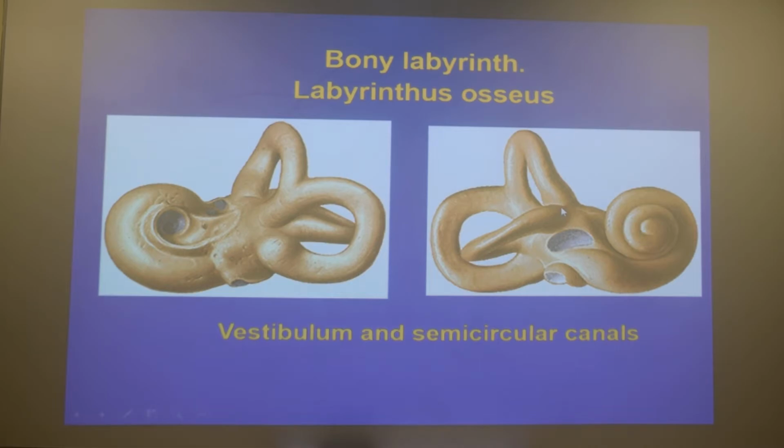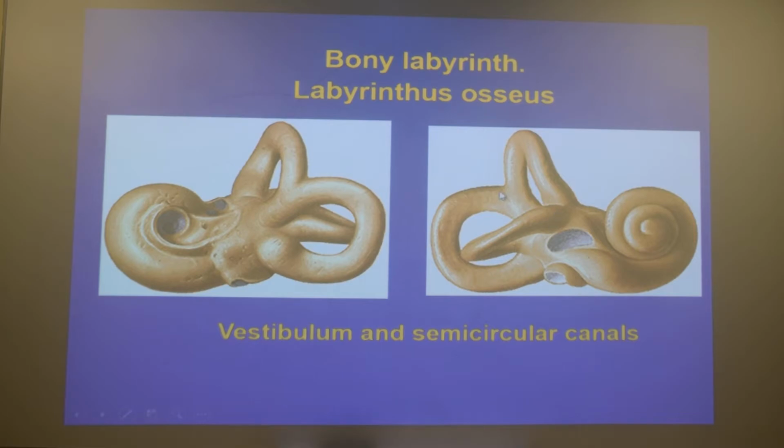So you can see this bulge is formed because the lateral semicircular canal lies in a horizontal plane in the long axis of the petrous temporal bone, and that's why part of it bulges into the medial wall of the middle ear cavity. It is going to have both its openings, which you are seeing here.